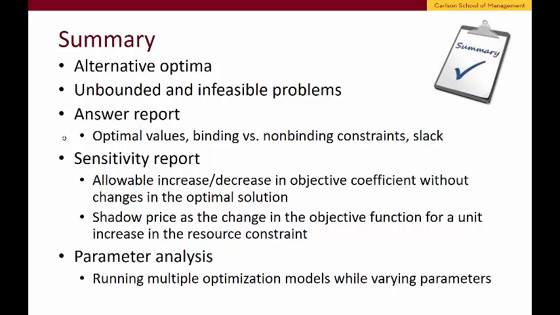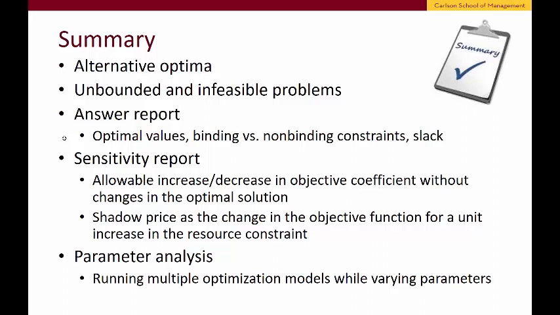We used the answer report to discuss the concepts of binding and non-binding constraints with slack at the optimal solution. The sensitivity report showed us the allowable ranges for objective function coefficients within which the optimal objective function changes, but the optimal solution stays the same.